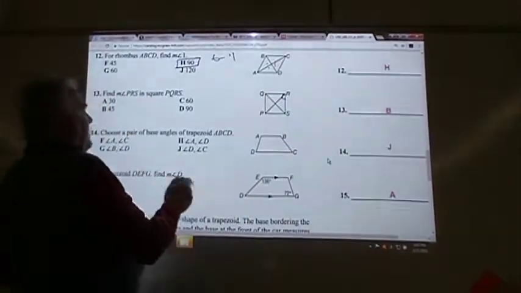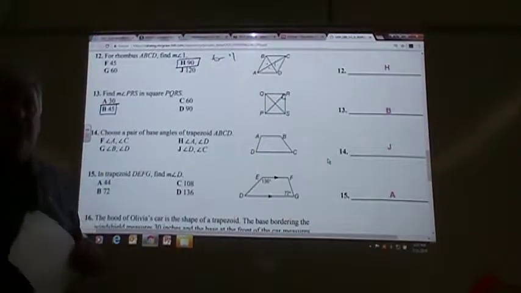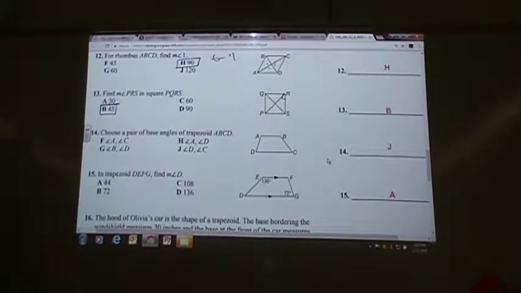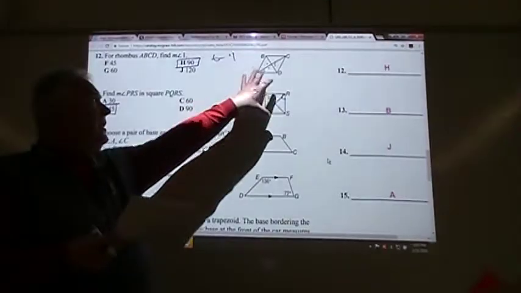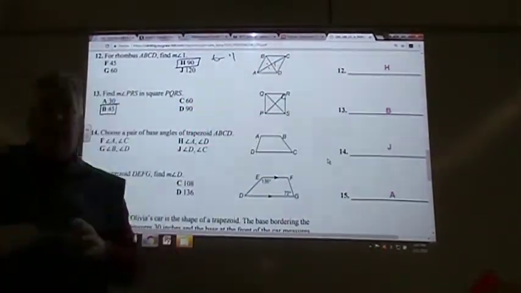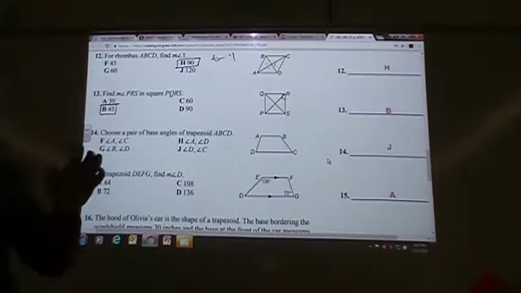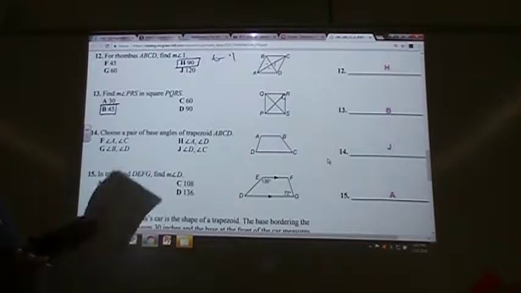It bisects it, so it cuts it in half. So we have an answer of 45 degrees for number 13. So on the test, you might see something with limited information. There's no angle measurements or side lengths. You have to kind of go back to the theorem or the rule for each of these figures.